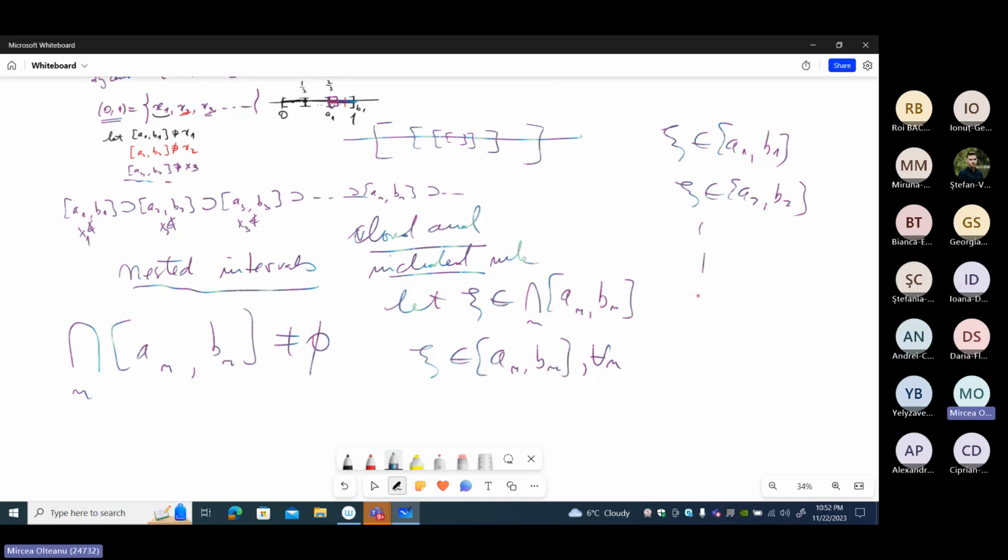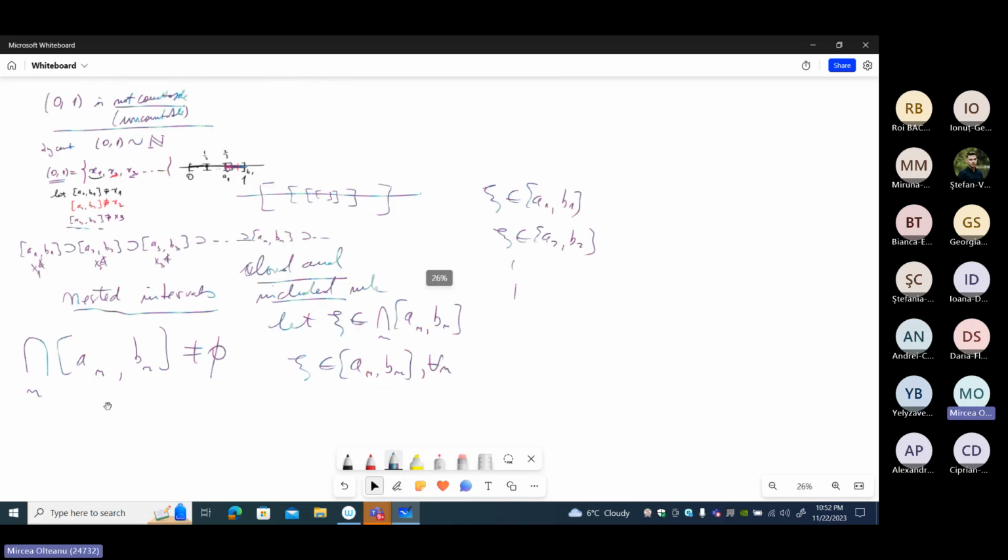Conclusion: because Xi is in the interval A1, B1, it cannot be X1, because remember, X1 was not in A1, B1. Because Xi is in A2, B2, it cannot be equal to X2, because X2, remember, was not in the interval A2, B2, and so on. So actually, this real number is different from X1, different from X2.